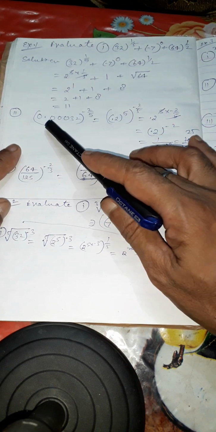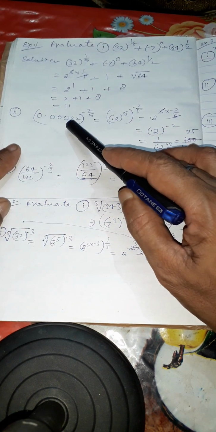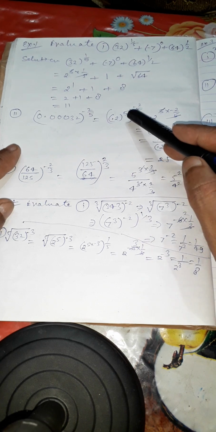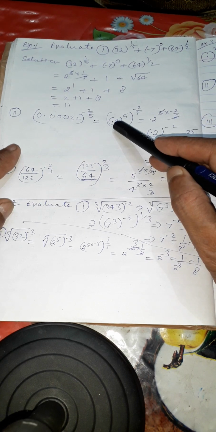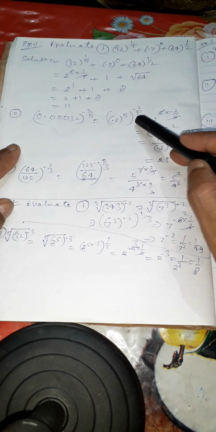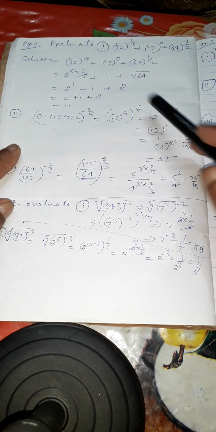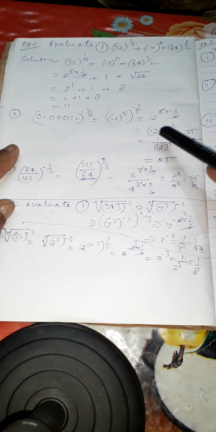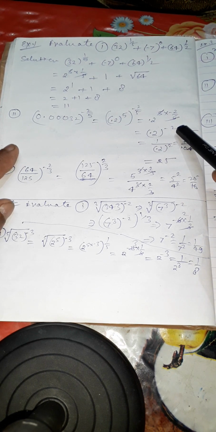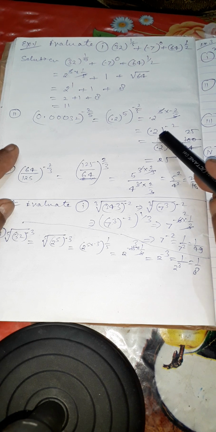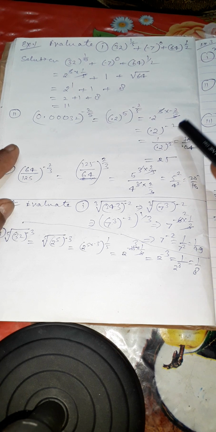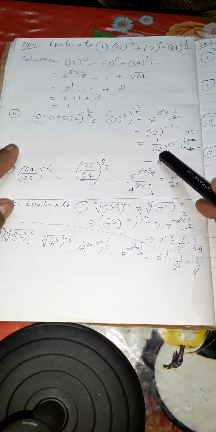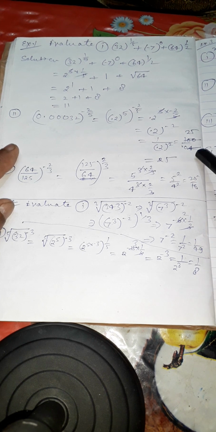Next, 0.00032 to the power minus 2 by 5. It is the fifth power of 0.2, to the power minus 2 by 5. When we take the powers out, we find 5 into minus 2 by 5, we get 0.2 to the power minus 2. 1 upon, it is the negative power, so we take it in this fashion and open that number.